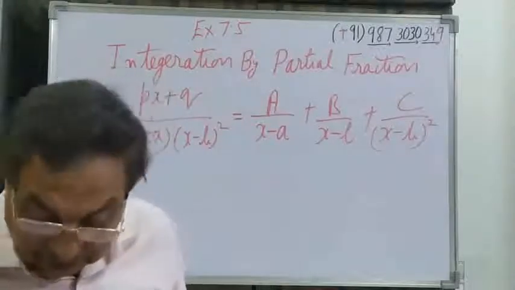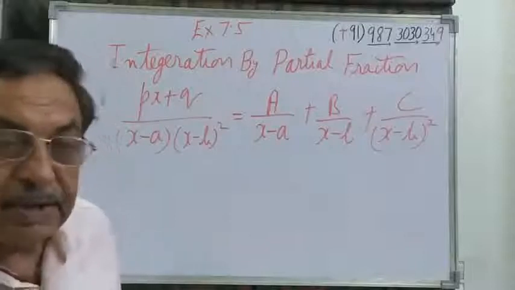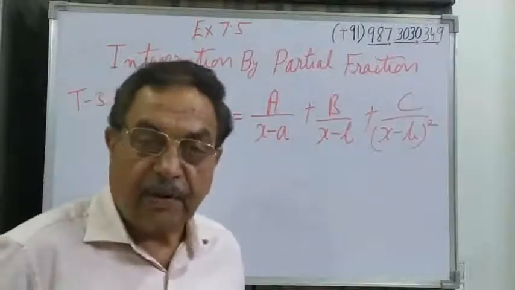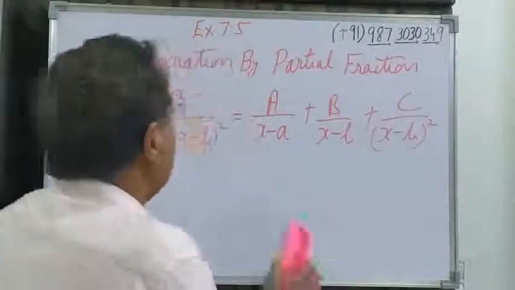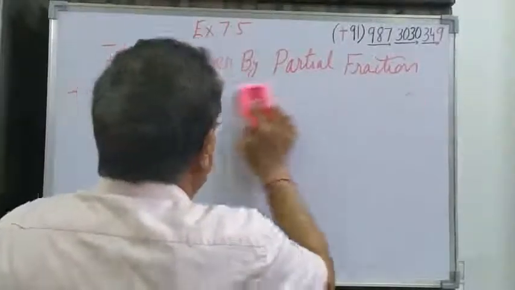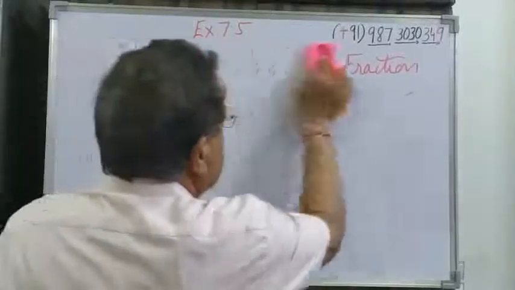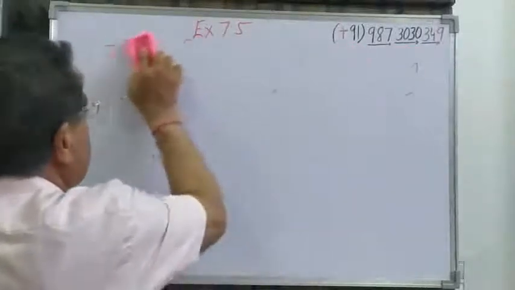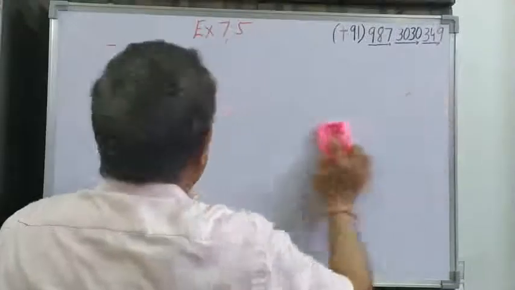So first of all, I solve question 2 of exercise 7.5 of NCERT class 12th. The topic is integration by partial fractions.